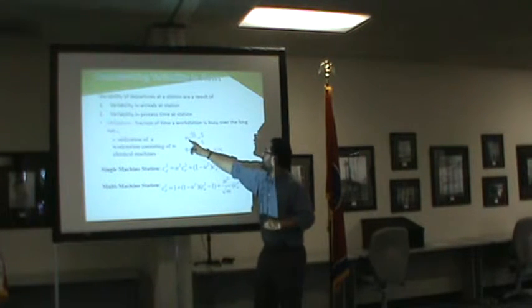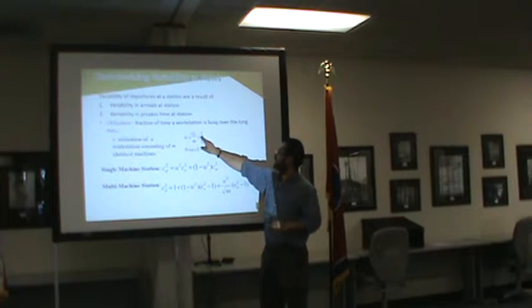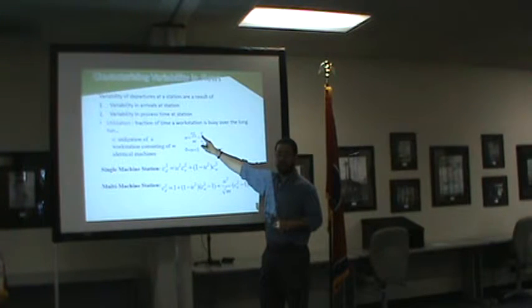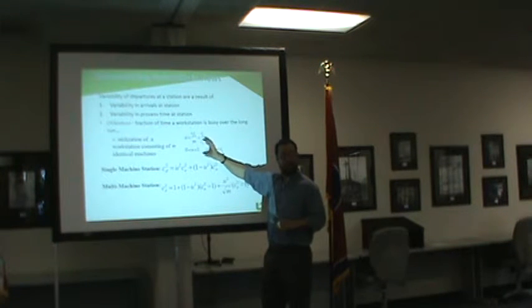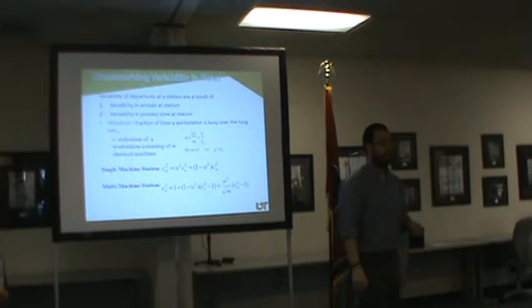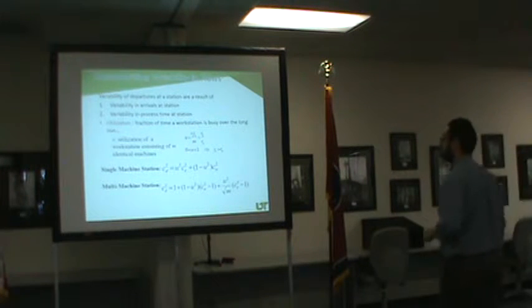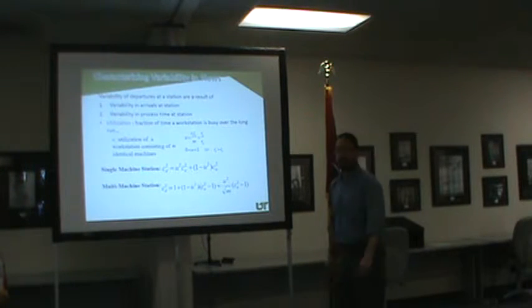So the utilization, okay, mathematically will be calculated by the rate of arrivals divided by the rate of the raw processing time at the station, okay? That relationship will explain the utilization. Does that make sense?